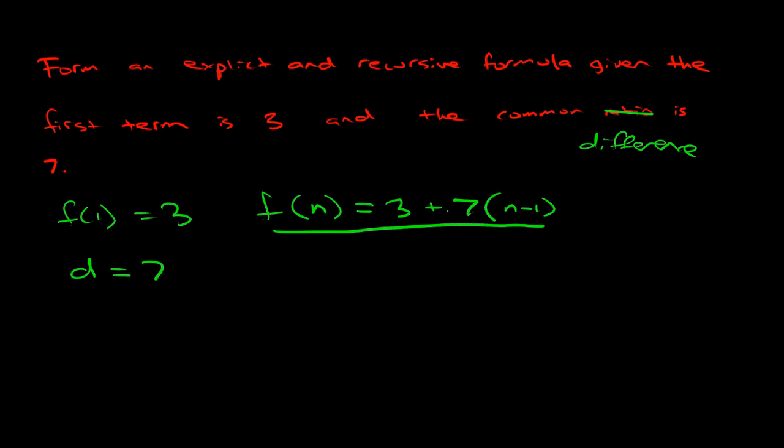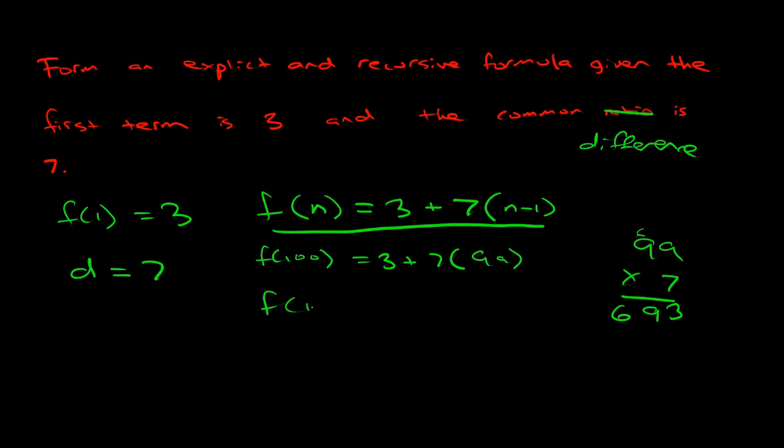Say we wanted to find the 100th term. Alright, well, f of 100 is equal to 3 plus 7 times 99. 99 times 7 is 693. That means f of 100 is equal to 3 plus 693, which is equal to 696.